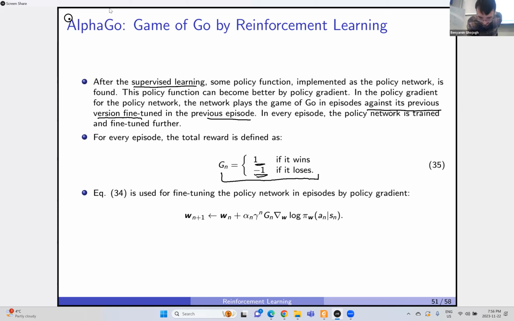And this is one step of policy gradient. So you can use, for example, the REINFORCE algorithm. At every episode, you are training for T times, and you are playing against yourself in the previous episode, for example.